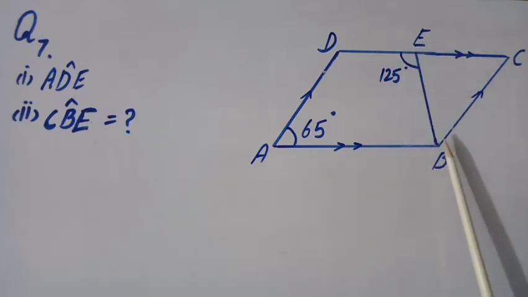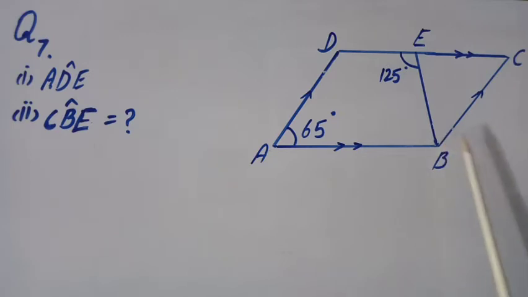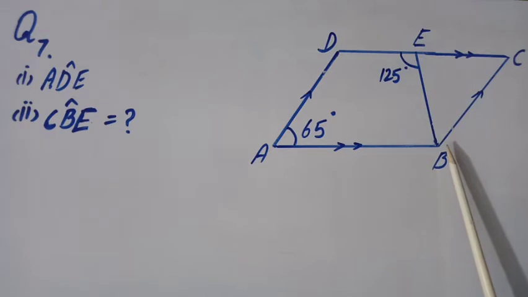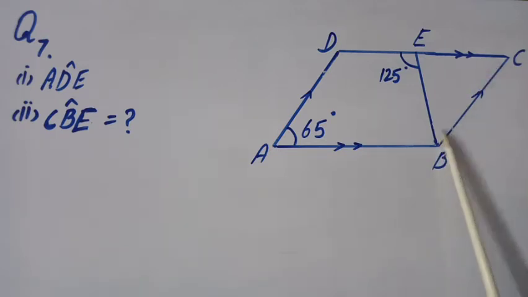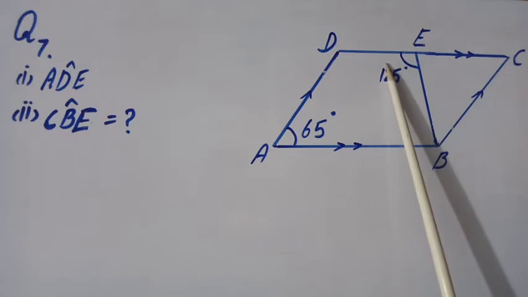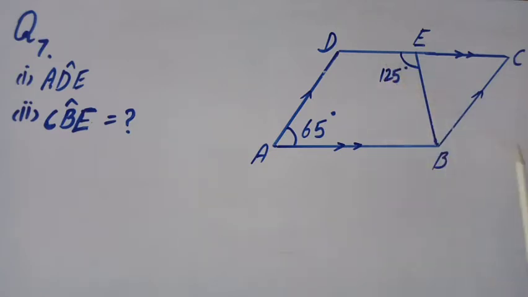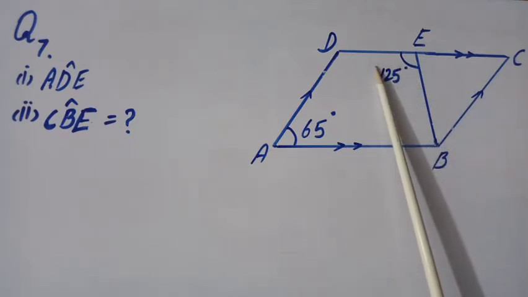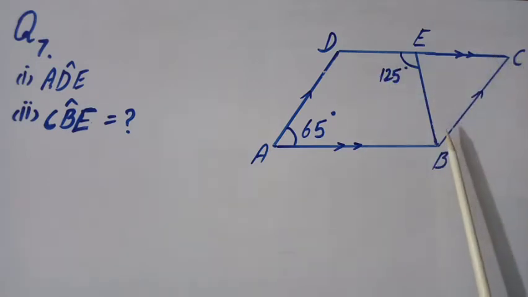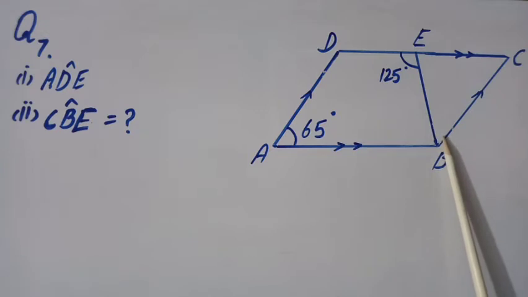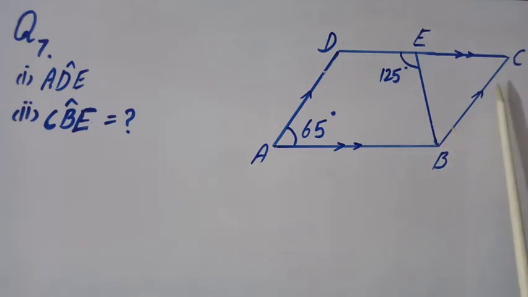To find out this angle CBE, we have to consider the triangle BCE, and in this triangle BCE these are two opposite interior angles and this is the exterior angle for this triangle. So 125 is equal to the sum of the angle at C and this angle at the point B. So this way we will find it out, but we don't know how much this angle is.